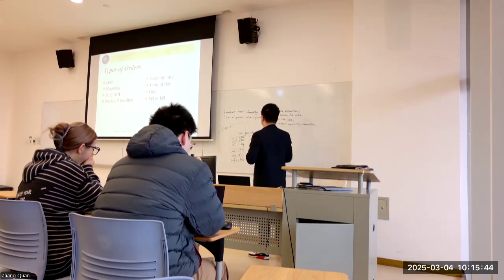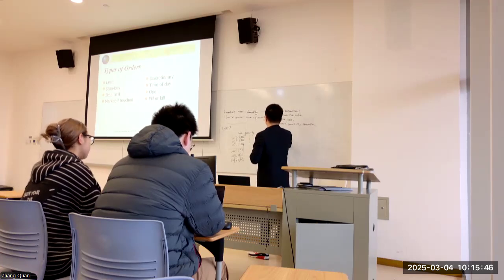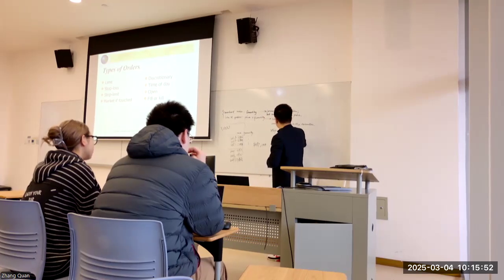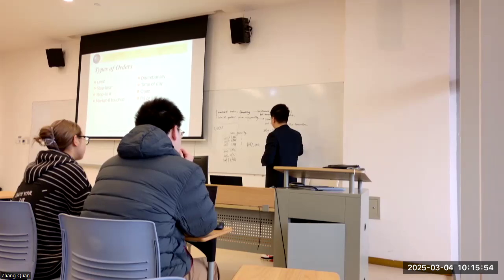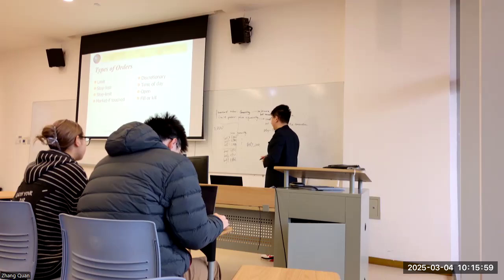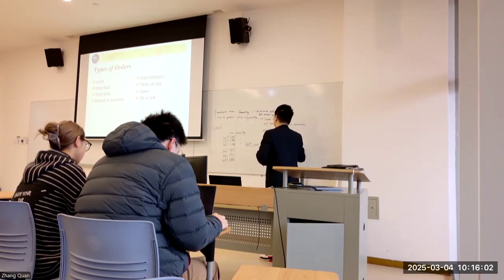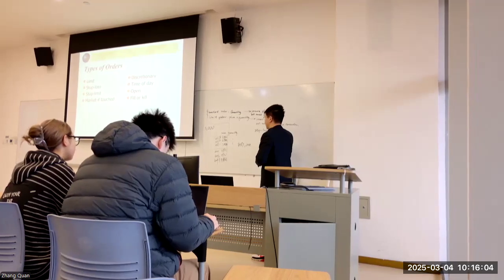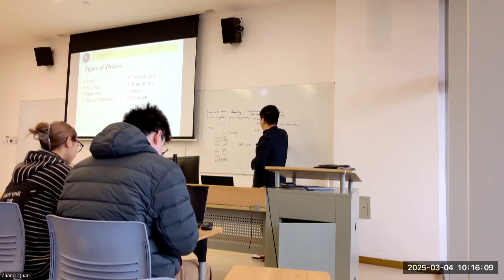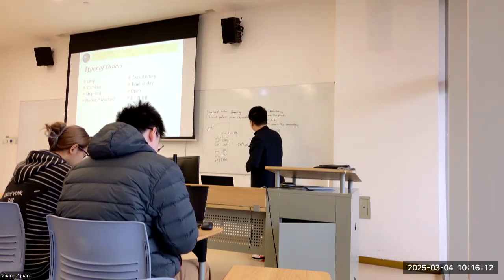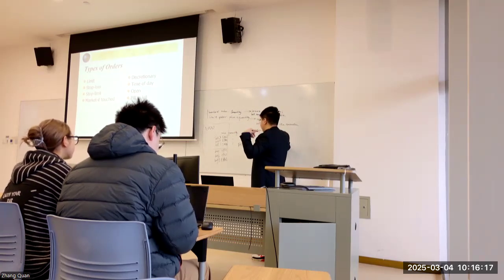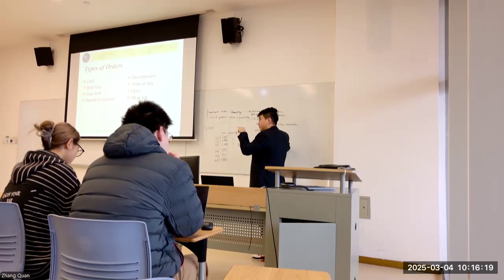For example, stop loss. So with stop loss, you have one price plus one quantity, but it does not really run as a limit order. Rather, it runs like a market order. So this price is not the price for your trading. This price is a trigger. Say right now you hold a stock, but you don't want to lose too much.